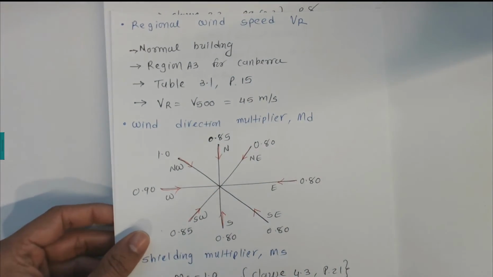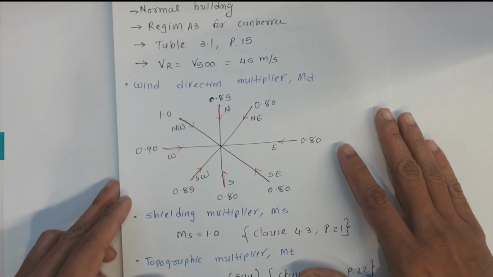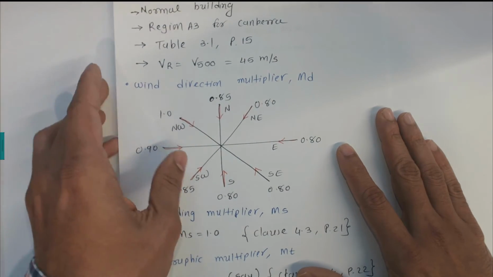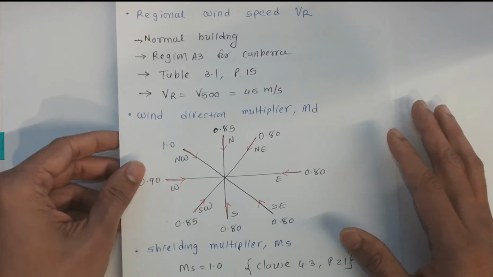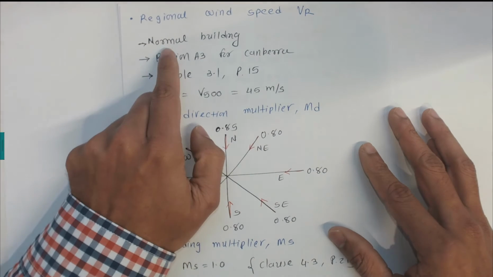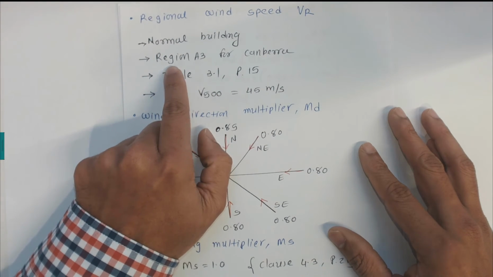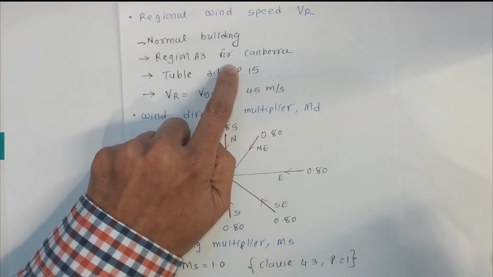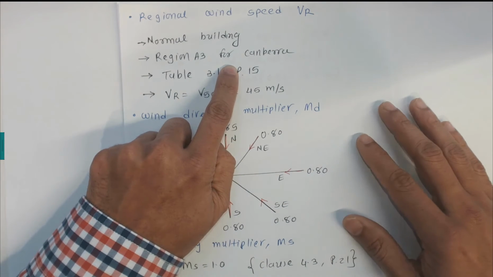Now next one, we can find the regional wind speed. To find the regional wind speed, these are normal buildings, and we already found the region is A3 for Canberra, which I already showed in the previous steps.